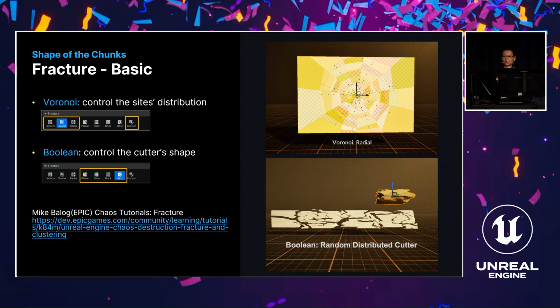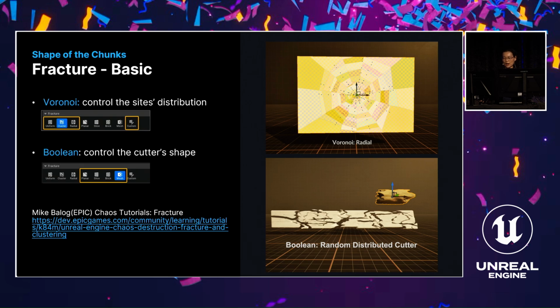That's what we call Voronoi in Unreal. And so the key here is to control the distribution of these sites. Areas with denser distribution will yield smaller and more fragmented chunks. And if we observe the fracture patterns in nature, the contrast in chunk sizes can be quite significant. So it is essential to focus on these variations.